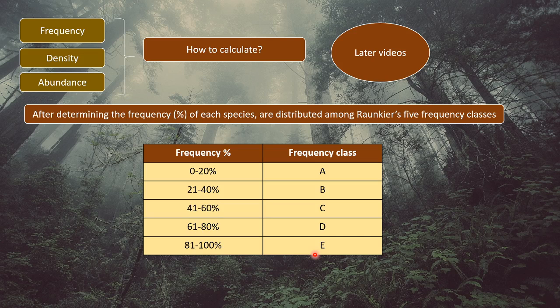Out of that 100 species, 80 species are neem tree itself. So it means that the neem tree will come under frequency class E, because its percentage, if we calculate, will come between 81 to 100, because the number of neem trees is maximum in that area.